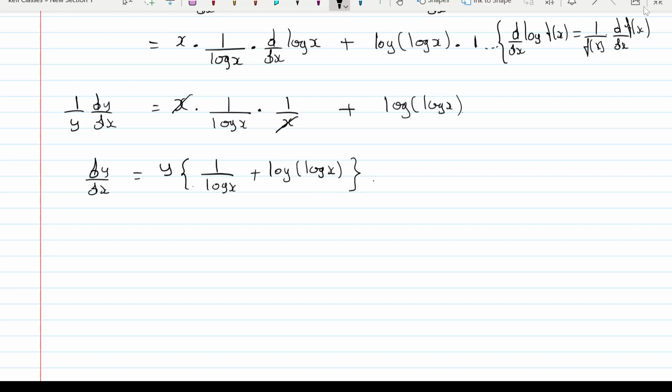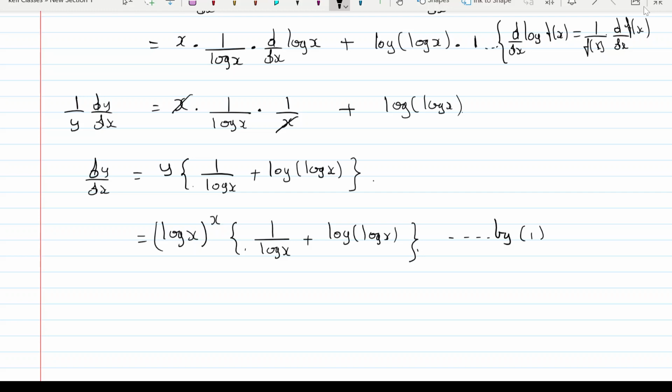Okay, and now the last step, fifth, which is log x raised to x into 1 upon log x plus log of log x. This is the answer. This is by equation 1. That's done. So 5 steps done. So every log problem, any problem that deals with log will always have these 5 steps. The major 5 steps will be there.